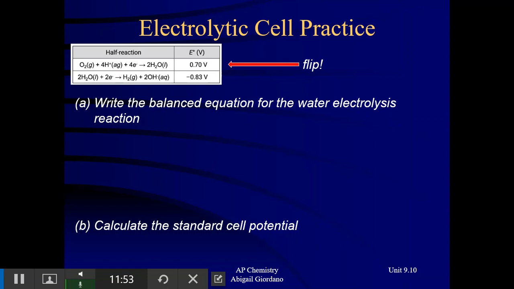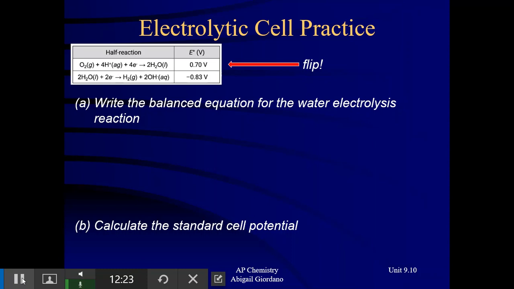Remember, when you flip a half reaction, the cell potential changes sign. And again, just like in a galvanic cell, the reason you flip a half reaction is because you need an oxidation half reaction. Just like in a galvanic cell, guys, that half reaction is the anode.